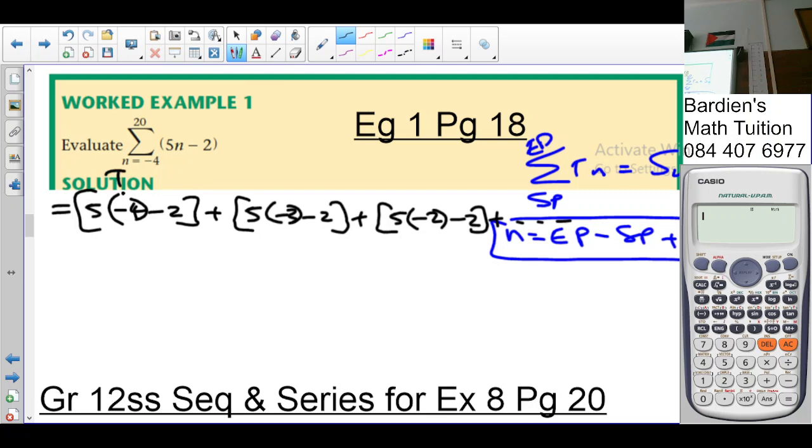Remember, this is term 1, term 2, term 3. You all with me? Right. So what does this give us? Negative 22, negative 15 minus 2 is negative 17. Negative 10 minus 2 is negative 12. And so on. I could have put plus, doesn't matter. Will you guys understand? Alright.